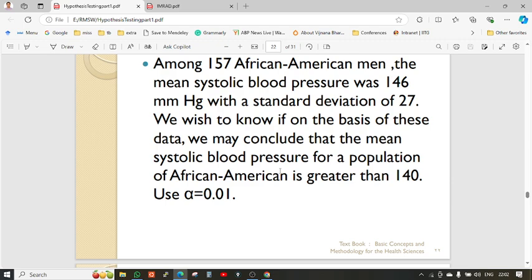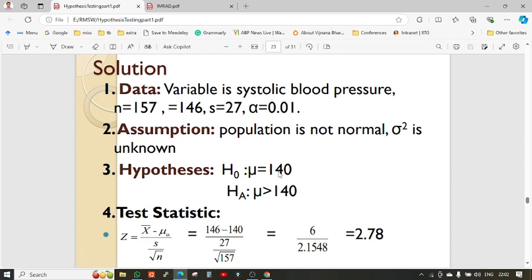So let's do it. Here assume n equal to 157. It is greater than 30. So the data is non-normal, with x bar equal to 146, that is the blood pressure, s equal to 27 and alpha equal to 0.01.